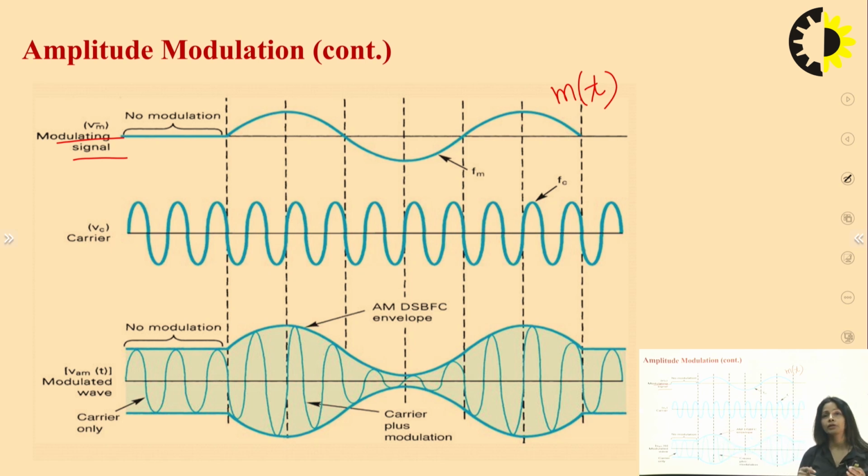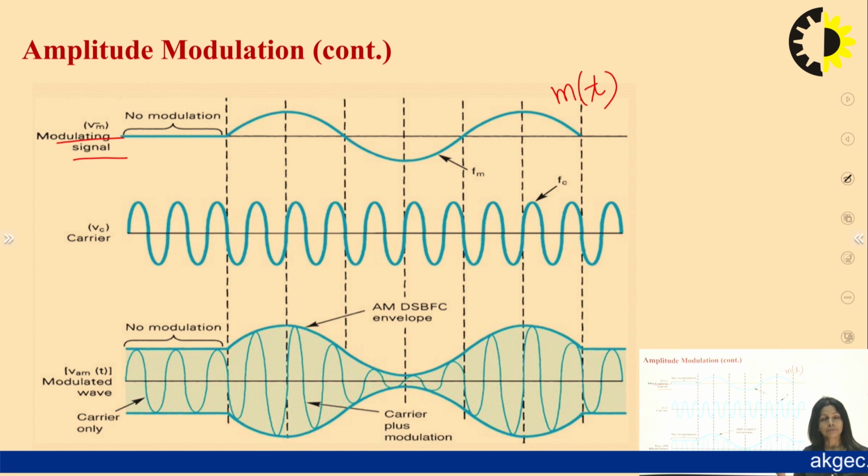So we are taking one carrier signal of our choice, but it should be of very high frequency. Now we have two signals, and the first is the modulating signal. We want to communicate our message signal, but the problem is that the modulating signal is of very low frequency, which cannot be propagated through far distances.